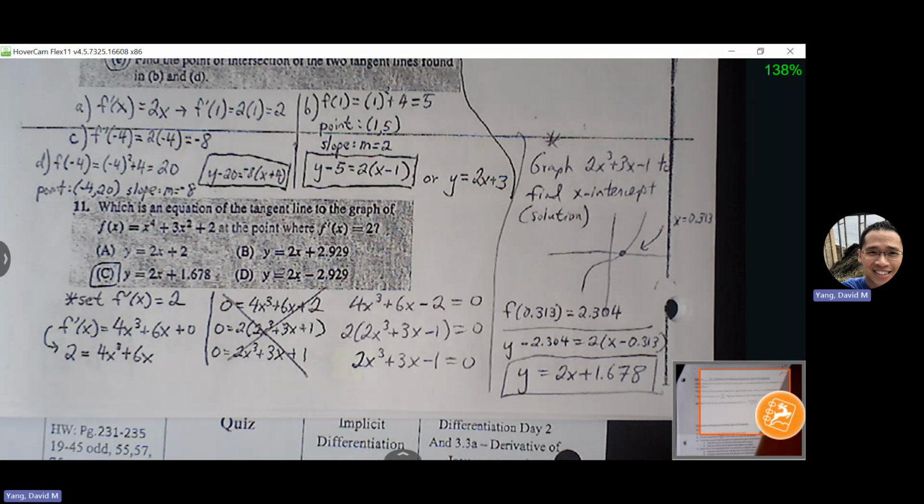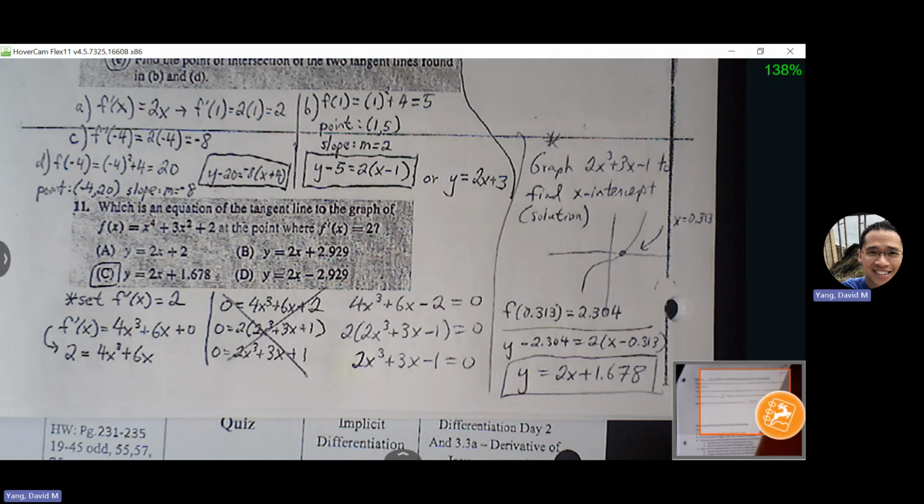If I graph it in the calculator and look for that x-intercept, it will be 0.313. That is the x value where this behavior occurs. So my ordered pair is going to include 0.313. To find the y value at that point, I take that 0.313 and insert it back into my original equation, and that gives me 2.304.